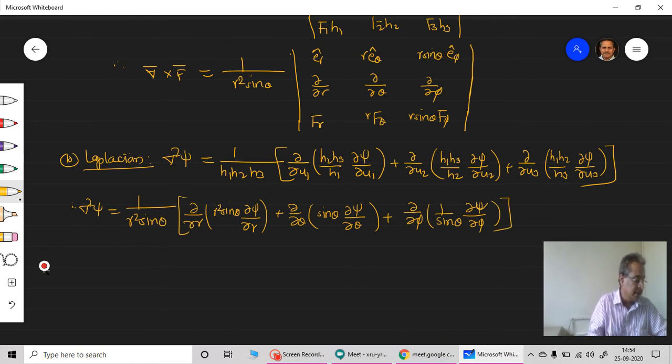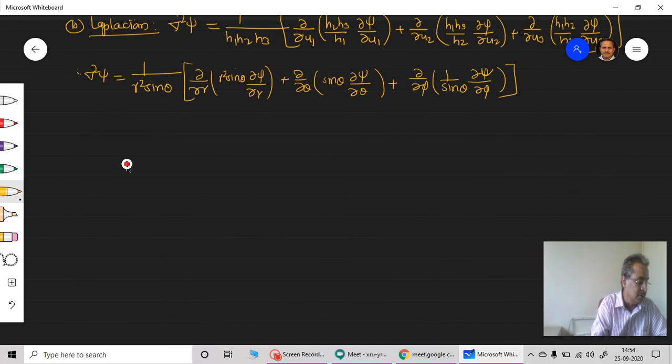Solving this, if we bring the r square sin square theta inside, that equation becomes, okay, final expression I am writing. You can take it from the book or carry out this solution.